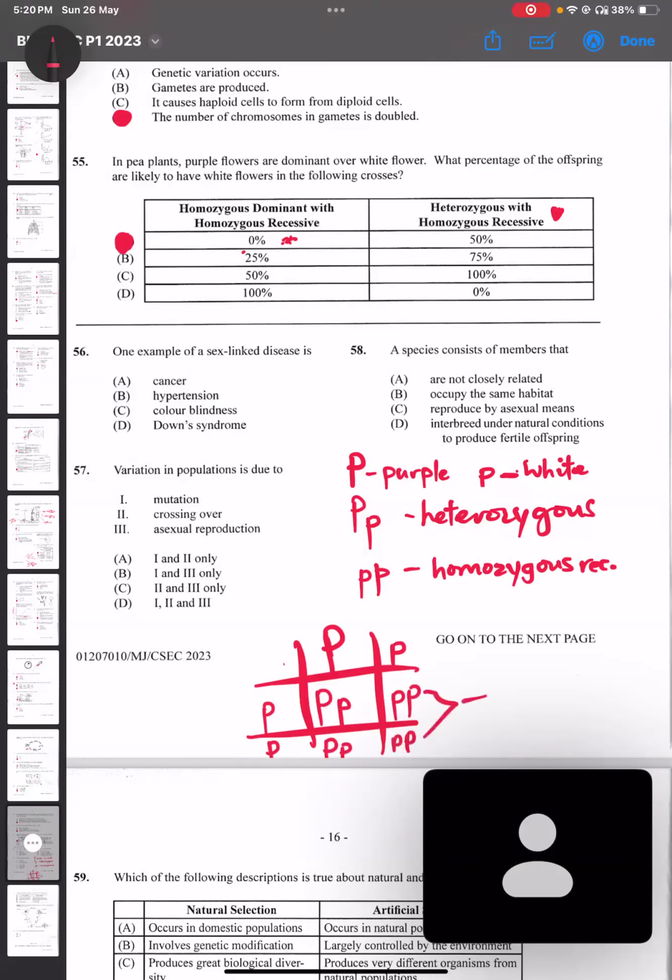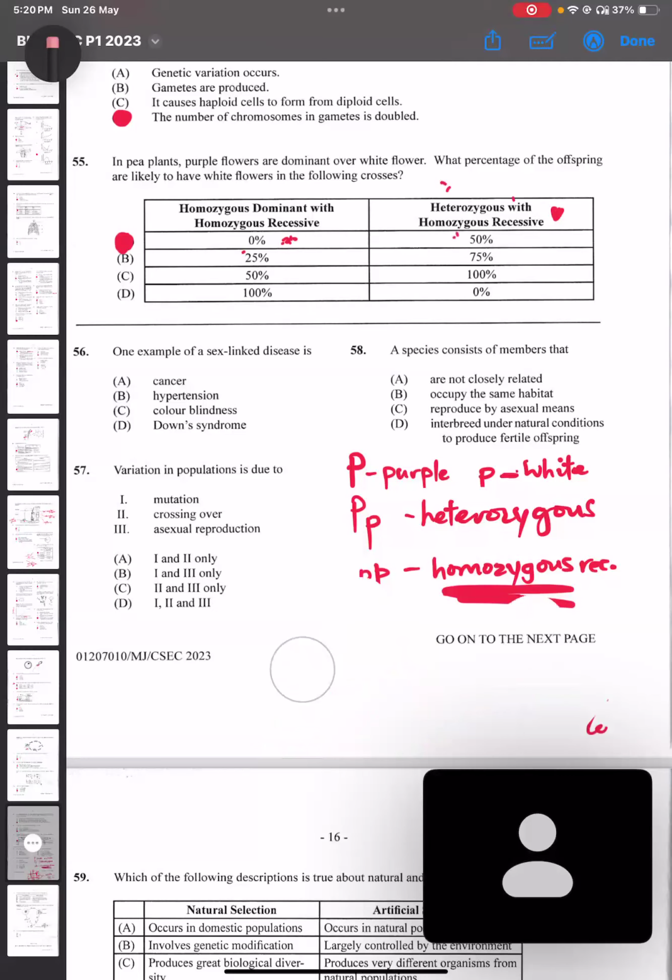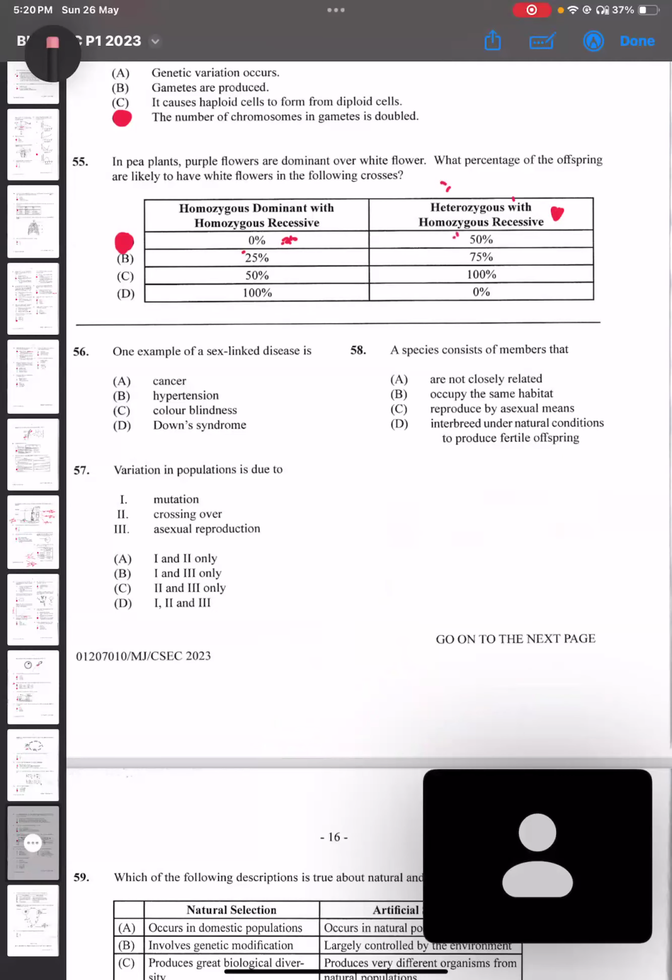These two would have white flowers because they are homozygous for the recessive white color. And these two would have been heterozygous, so they would have been purple. So this is the 50% white. So that is how A would have been the answer. So again, you just have to know how to work these things out, know what heterozygous means, know what homozygous means, and be able to do your Punnett square. So that is how we get A as our answer.